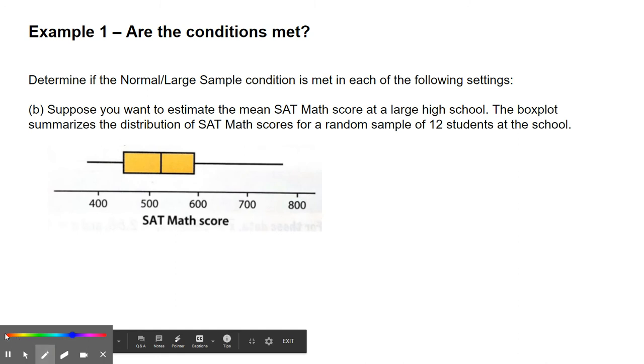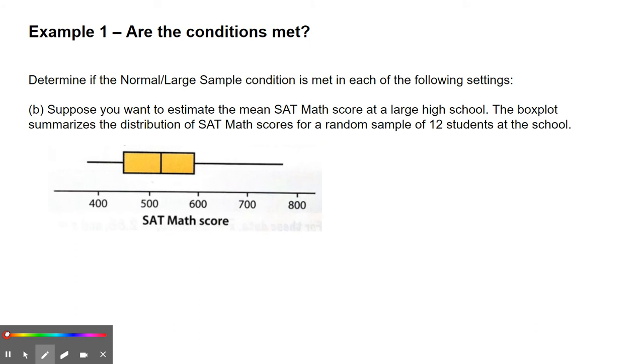So we'll change colors here. So part B says, suppose you want to estimate the mean SAT math score at a large high school. The box plot summarizes the distribution of SAT math scores for a random sample of 12 students at the school. Number one, does it say population is normal? No. Number two, what's your sample size? Sample size is 12. That's less than 30. Not good. And then number three, we look at the graph.